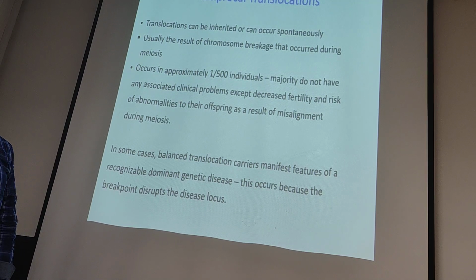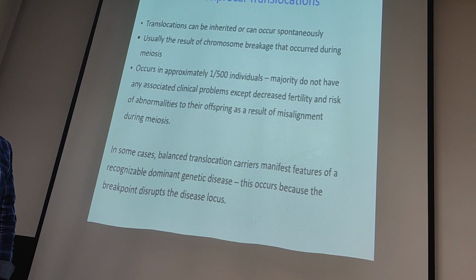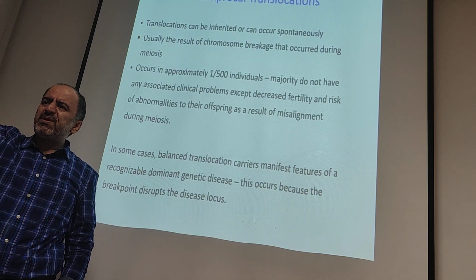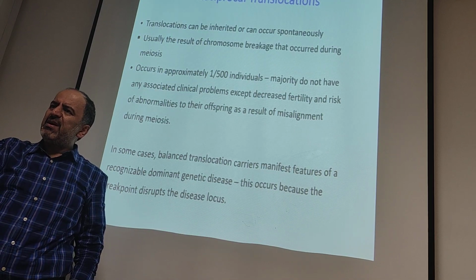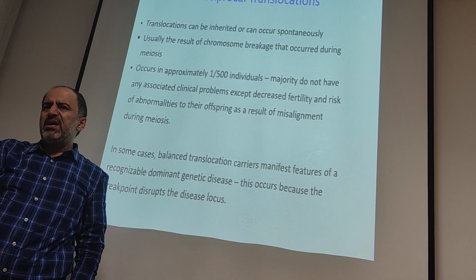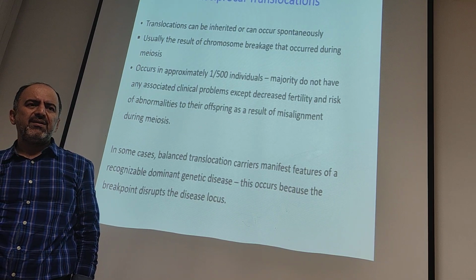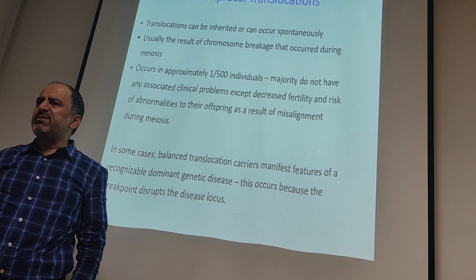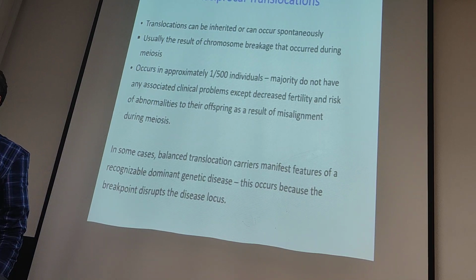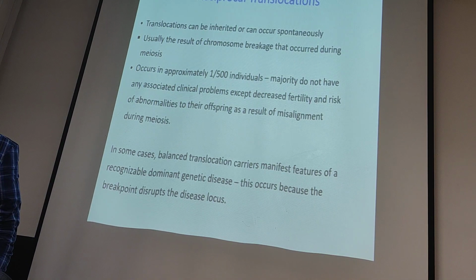In the reciprocal translocation, sometimes it is inherited. It means father or mother is involved, and the baby would be involved. Sometimes it is simultaneous. Sometimes it is sporadic. It means the father and mother are fine, but the baby has the problem. It is a de novo mutation.